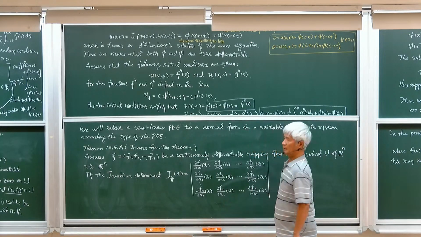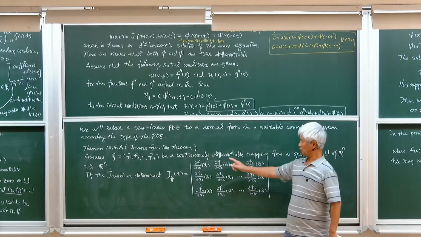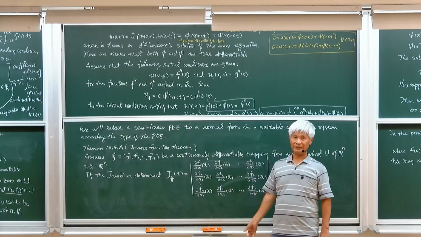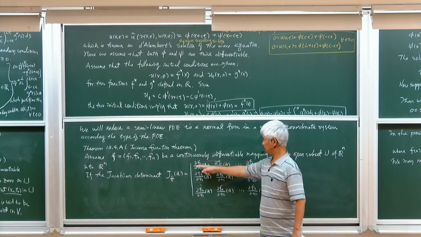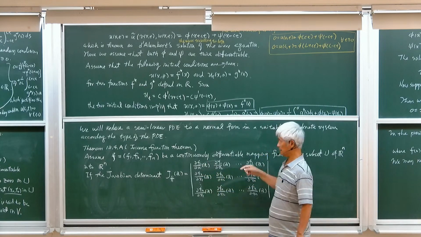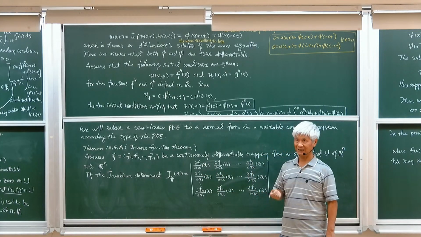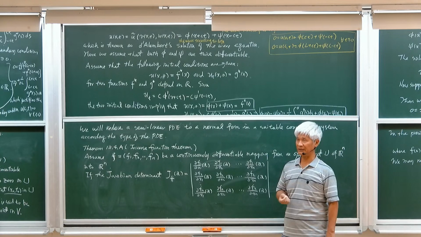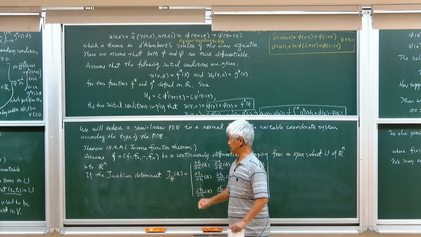Okay, so this is the determinant of the Jacobian matrix. If we form the matrix, then it's called the Jacobian matrix. And the determinant of the Jacobian matrix is called the Jacobian determinant.